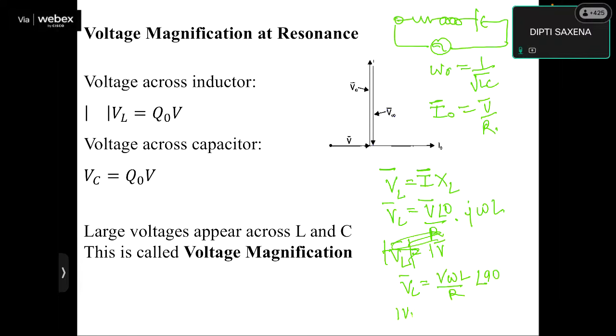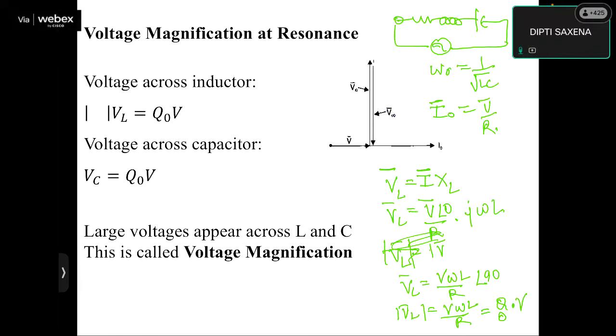So the magnitude of VL is equal to V omega L by R, or you can say it is equal to Q, since omega L by R is equal to Q, and V is the RMS value of the source voltage. And this is the quality factor of the circuit at the resonance. So it is Q0 into V.